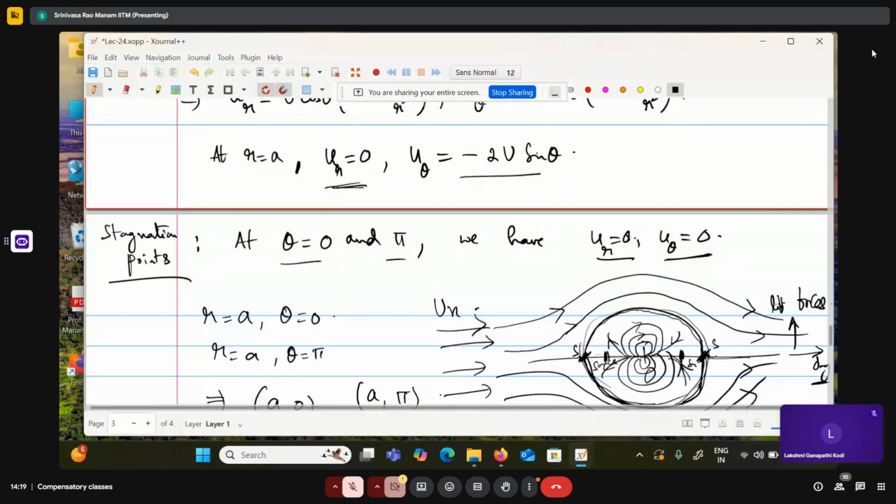So what is the next thing? The main idea is to calculate, based on the solutions of the Laplace equation, potential flows involving only phi. I derived this flow, right? Flow past the cylinder. And now we have these stagnation points at which you will have the forces.